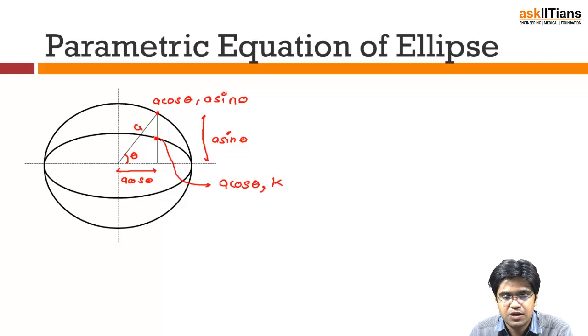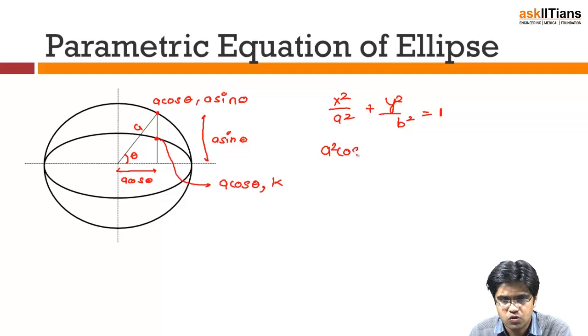The very basic and easy method is that this point lies on the ellipse. So put this point on the ellipse and it will satisfy it. That means x square by a square plus y square by b square is equal to 1, the general equation of the ellipse. Put the point in and satisfy it. That is a square cos square theta divided by a square plus k square by b square is equal to 1.